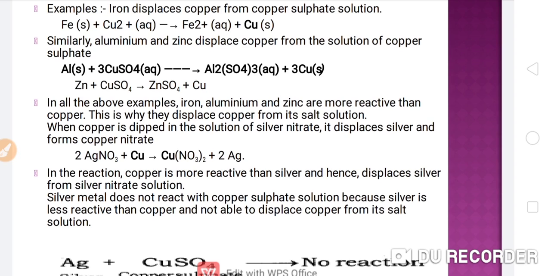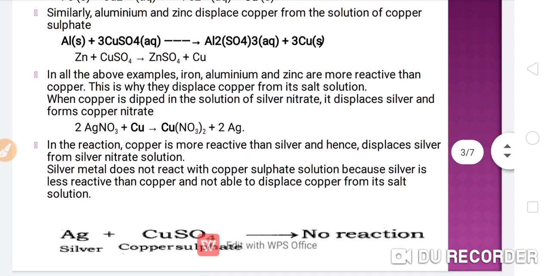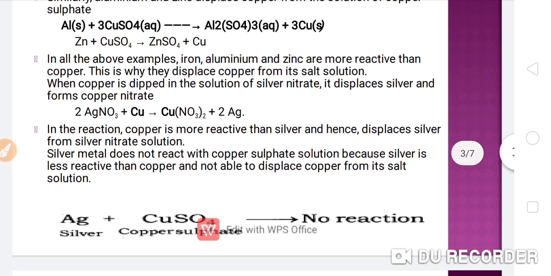In the reaction, copper is more reactive than silver and hence displaces the silver from silver nitrate solution. Silver metal does not react with copper sulfate solution, because silver is less reactive than copper and not able to displace copper from its salt solution.